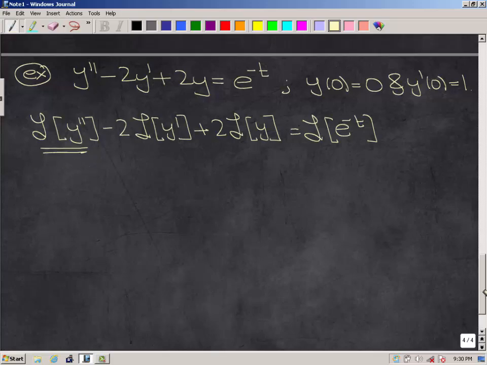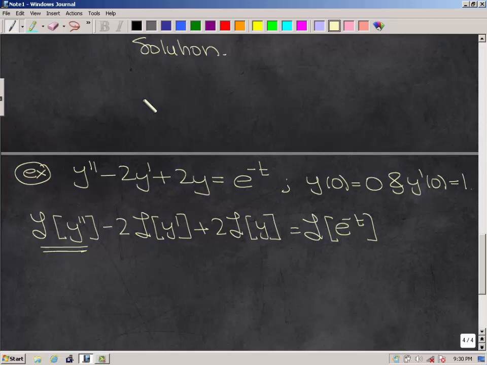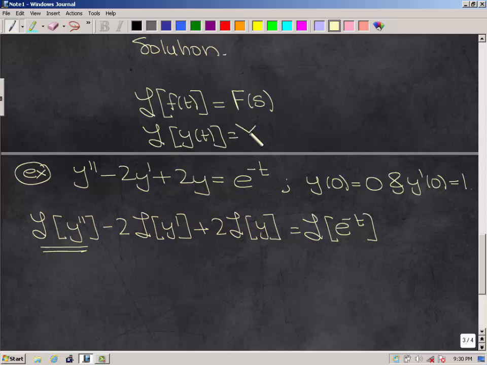Before I do that, let me quickly remind you, just for notation purposes, when we take the Laplace transform of little f of t, we end up with big F of s. So if we take the Laplace transform of little y of t, we're going to end up with big Y of s. So I'm going to use this notation now.